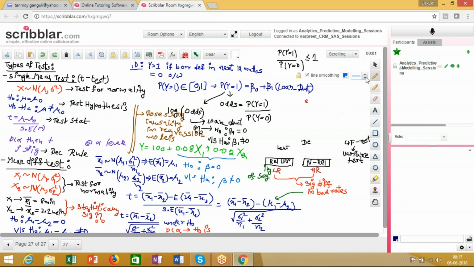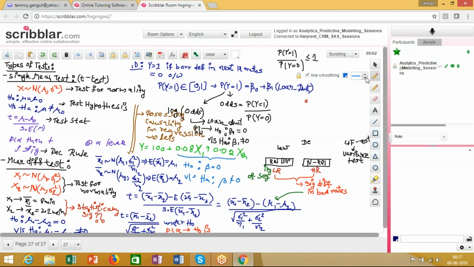So over here, in the last session, what we were talking about is the different kinds of tests which were there. So we talked about the single mean test, the mean difference test, and with the mean difference test, we talked about the t-test, the two independent sample t-test.